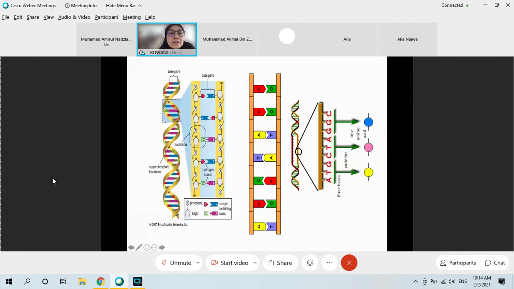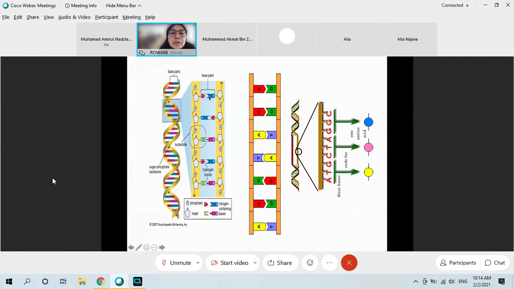And this is the structure of your chromosome, your DNA helix. Deoxyribonucleic acid is bound together by hydrogen bonds, and this bonding results from the attachment of your two bases.